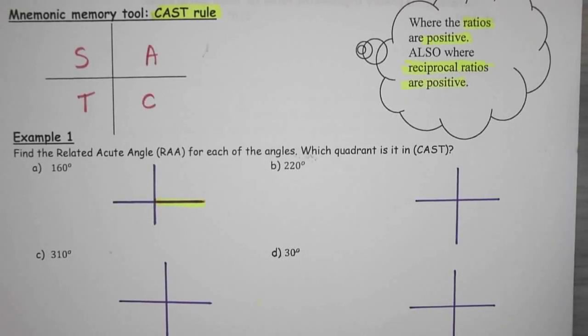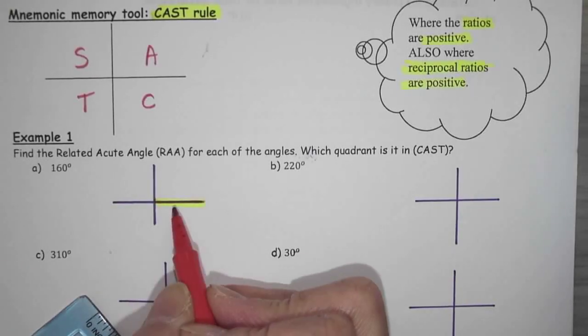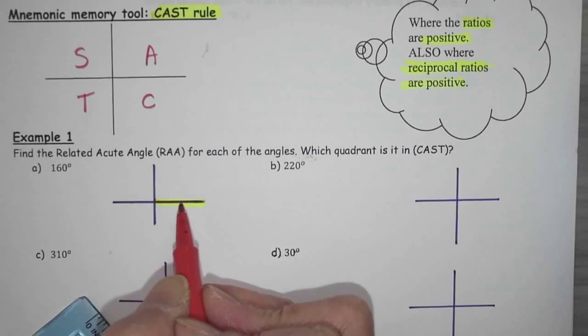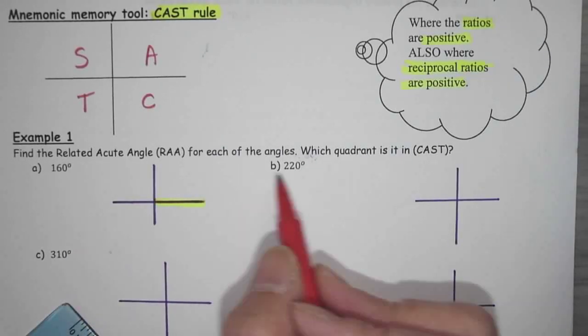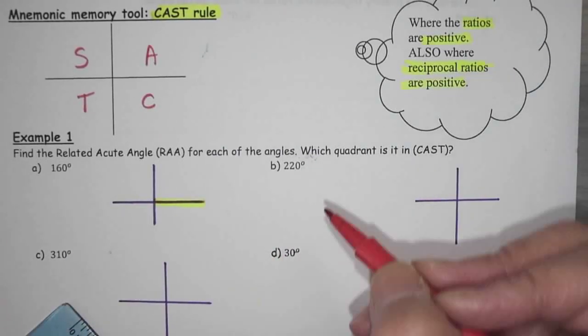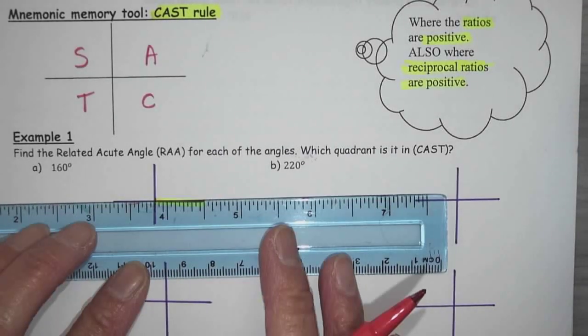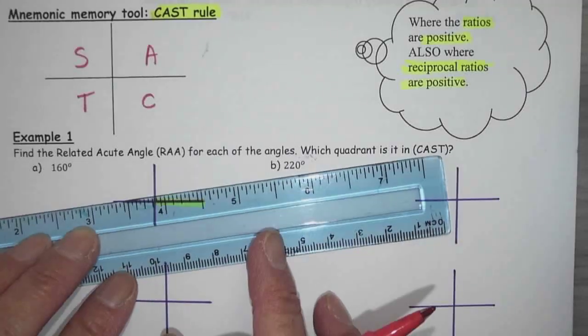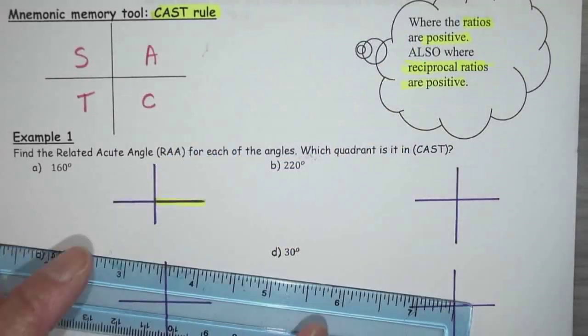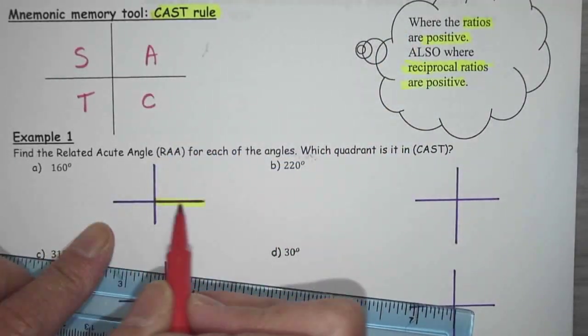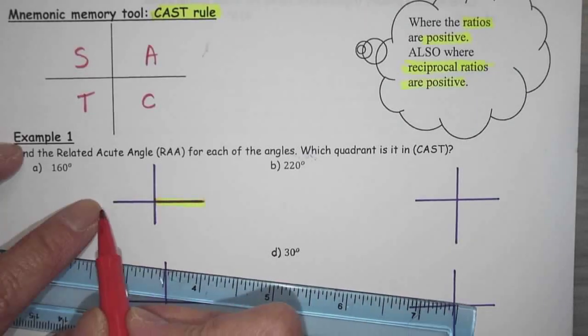Draw it first, and we're going to draw it over here, 160 from the positive x-axis, heading up when it's positive. I forgot to do a negative one. If it's negative, we would head down. So positive 160. From here, we're arcing up from the corner, and 160. We know that a horizontal line is 180, yes?